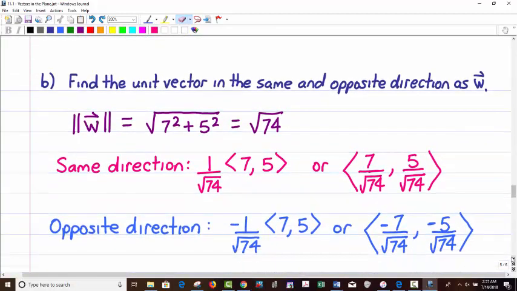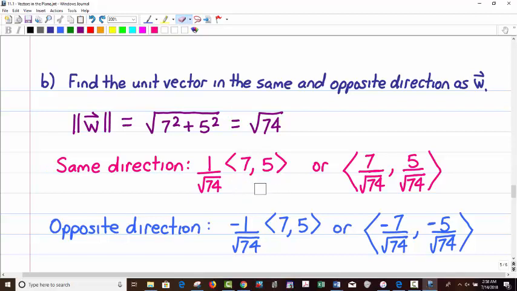Yeah, so here's where I mentioned the opposite direction. As w. So w has a magnitude length of square root of 74. So it's 1 over the magnitude of v times 7 root 5.